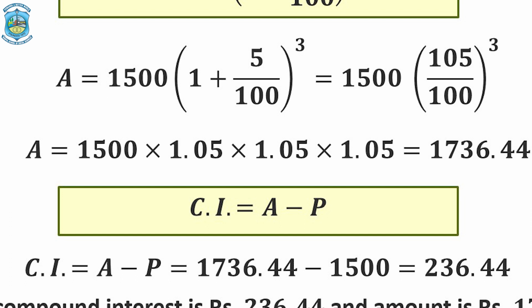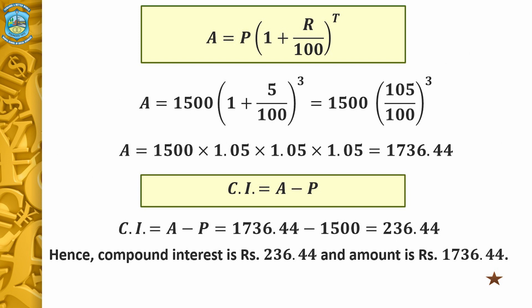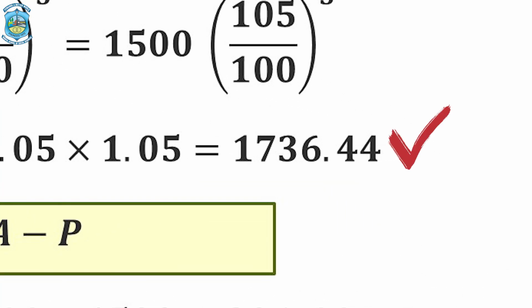Therefore, the amount A is equal to 1500 multiplied by 1.05 to the power 3, that is, 1.05 multiplied by 1.05 multiplied by 1.05. Next, we do the multiplication and we find the value of A is 1736.44.